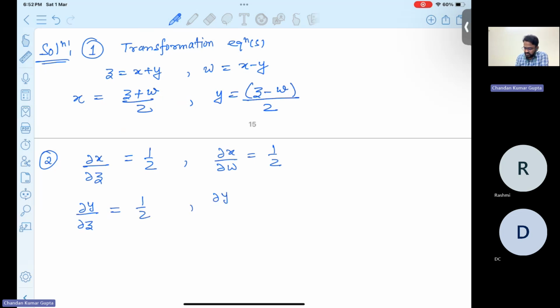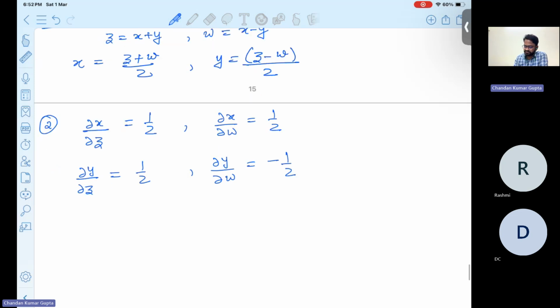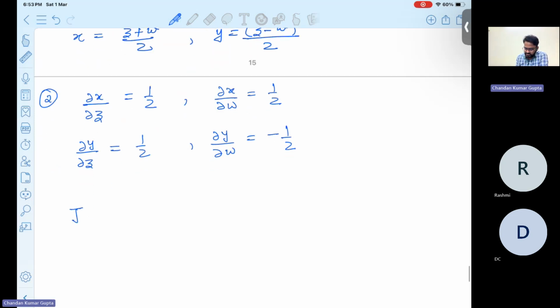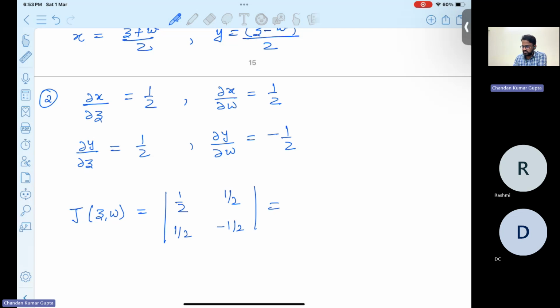And del y by del w is minus 1 by 2. The next step is to calculate the determinant. So the determinant of z and w is the matrix 1 by 2, 1 by 2, 1 by 2, and minus 1 by 2. If you solve this, you will find minus 1 by 2.